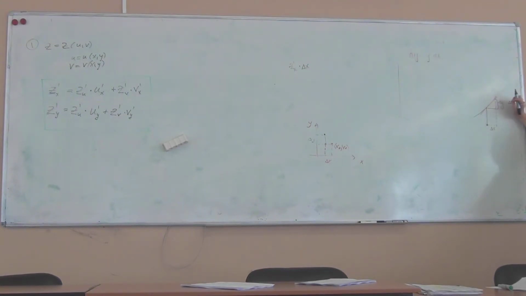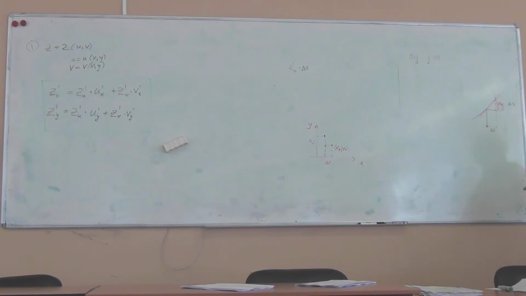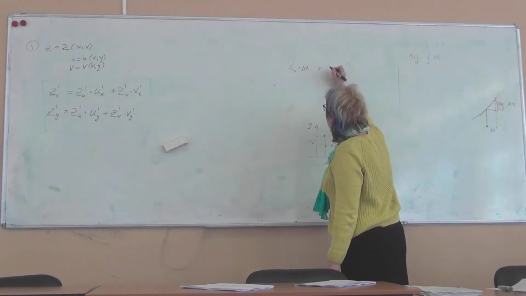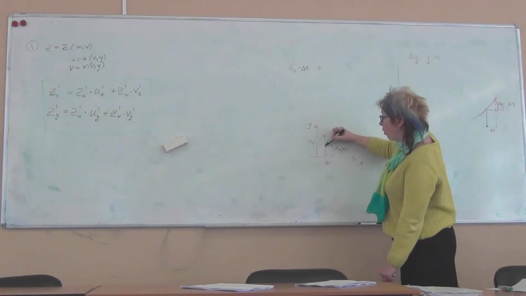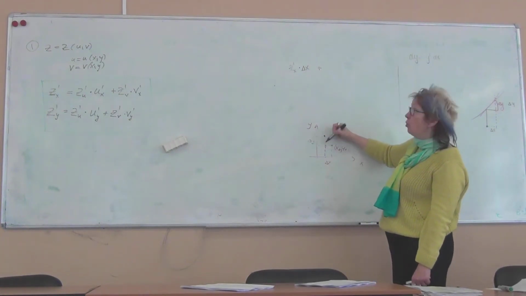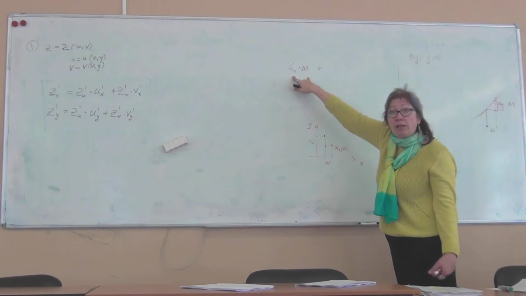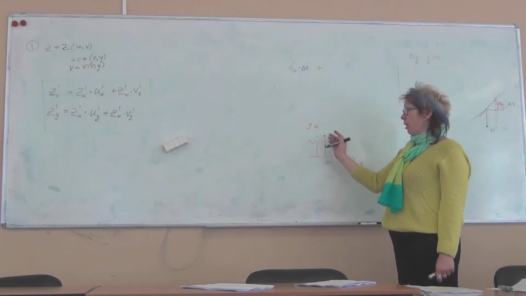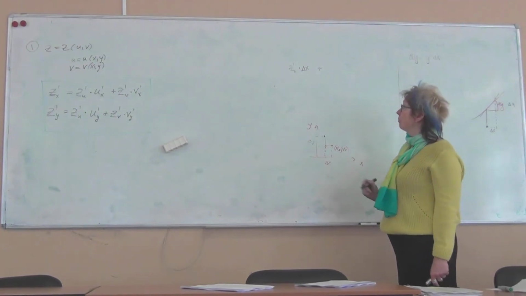But then I have to remember that if I move in the y direction, I get another part, another component. It moves some more. So I could write, I should add. So when I have moved to this point and I have a new function value, this is the more or less approximate change. Then from this point to this point, the function value will change again.